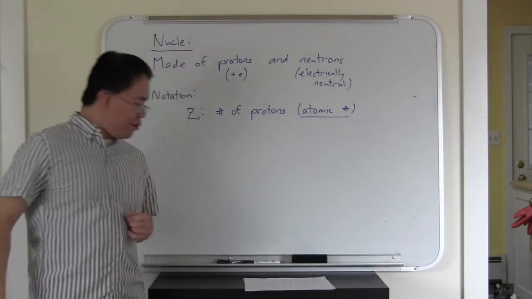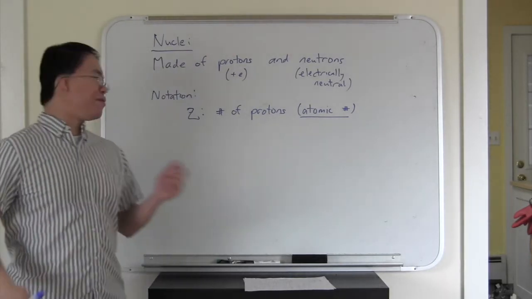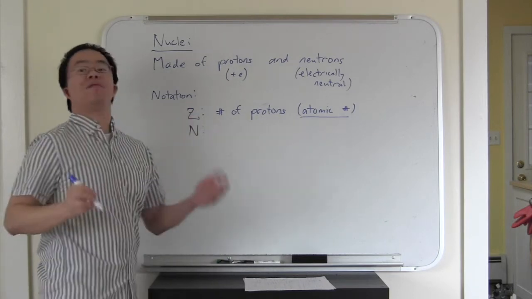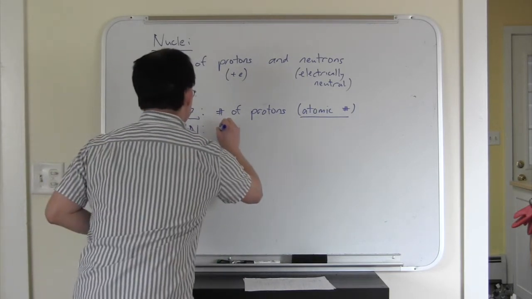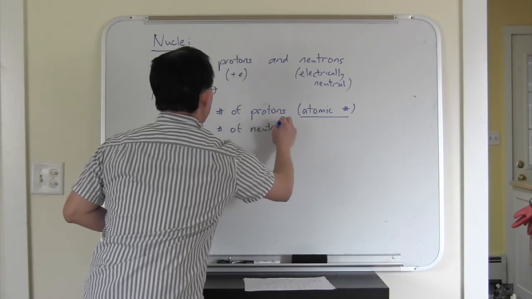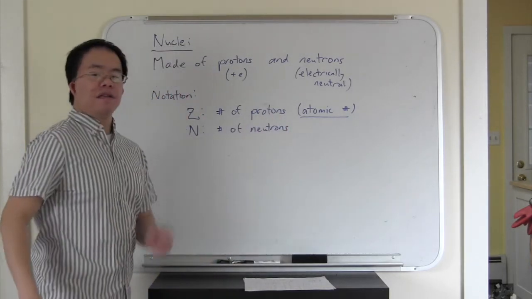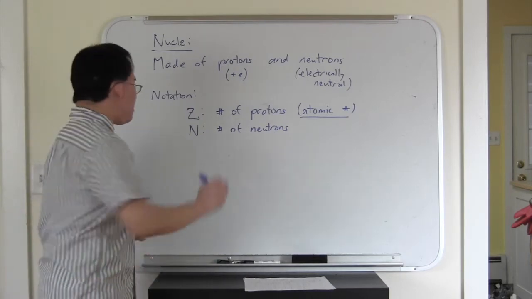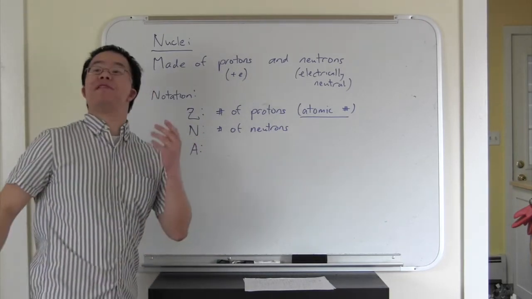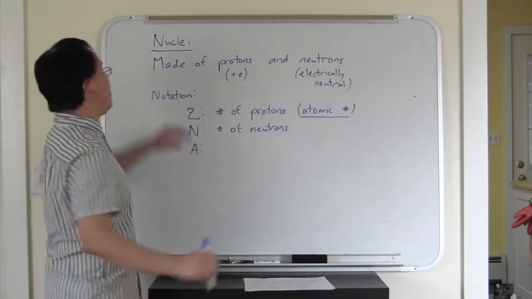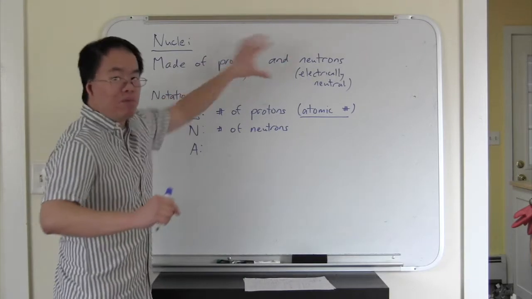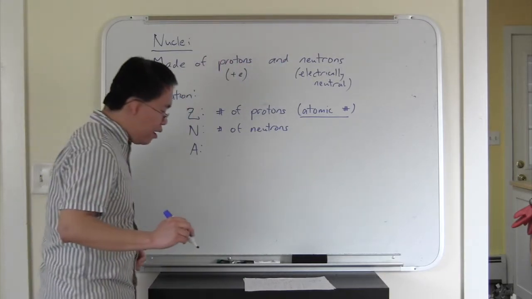We will also use a symbol N from time to time for the number of neutrons. Finally, the more common one you see is A. So that is going to be the total number of nucleons. Nucleons, the constituents of a nucleus, are the protons plus the neutrons.